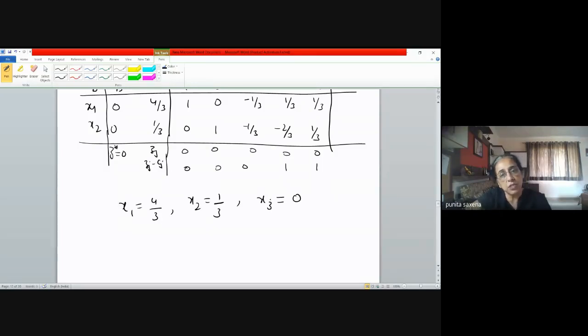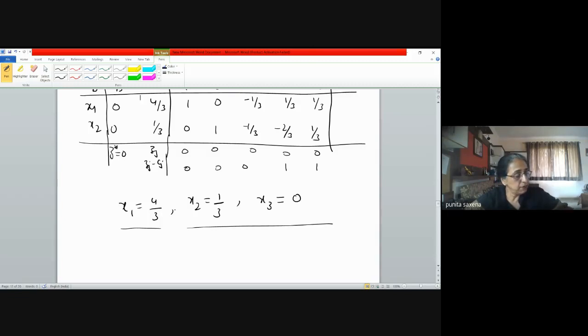Equal to 0. So this is the solution of the given system of linear equations. No need to move on because we are not to either maximize or minimize a given objective function. We were to just solve the system of linear equations. So phase 1 itself tells us how to solve a given system of linear equations.